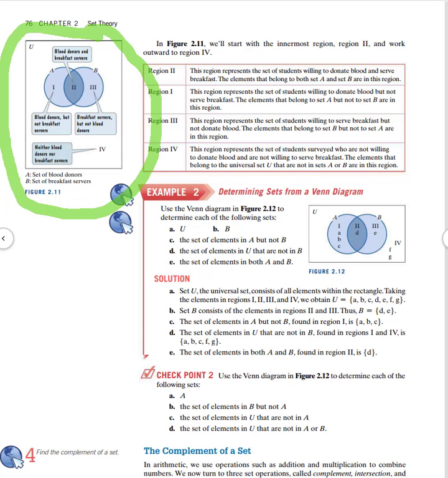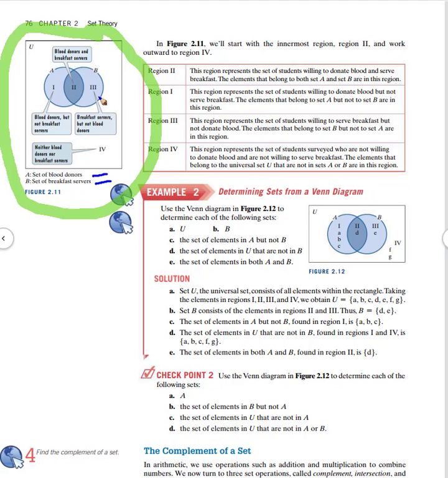Let's look at this example from the book. Set A, blood donors. Set B, breakfast servers. So set A encompasses all of this group. Set B encompasses all of this group. And this area right here, shaded dark blue, is the overlap, the intersection. So out here in the light blue, we've got people that just donate blood but don't serve breakfast.